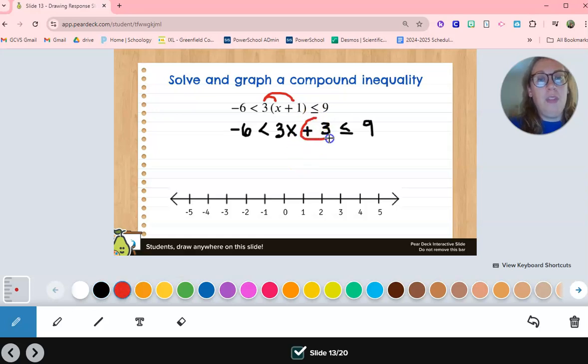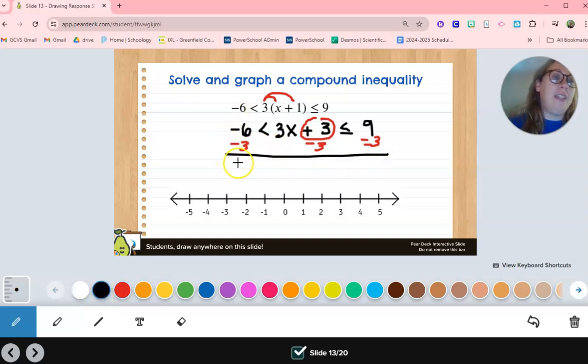Now we're going to move this plus 3 here. So we have to subtract it from the middle, from the left, and from the right. Negative 6 minus 3 is a negative 9, which is less than 3x. 3 minus 3 cancels to 0.